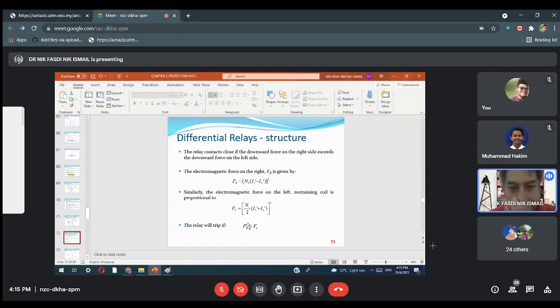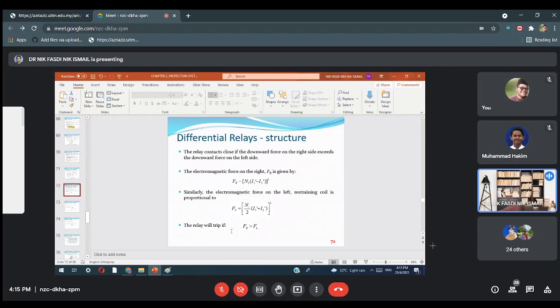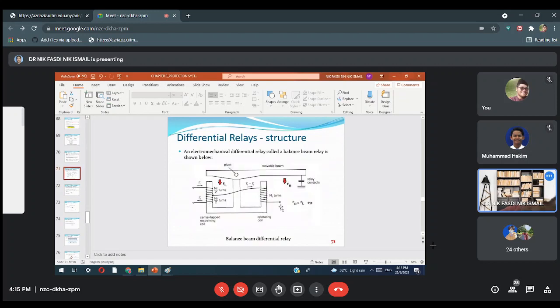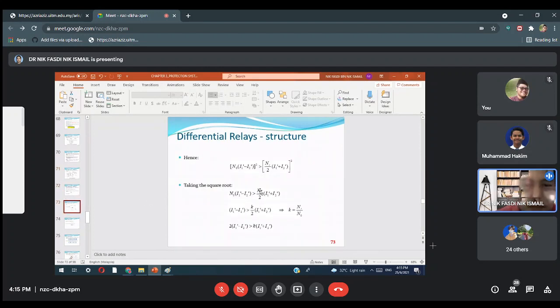And the relay will trip if Fr is greater than Fl. Tapi macam mana nak jadikan Fr is greater than Fl? Ini kena turn on lah. Macam ni turn on? Kalau dia ada mismatch between the I1 prime and I2 prime. Barulah coil dia akan turn on. Okay. Okay, so dah ada equation kat situ.